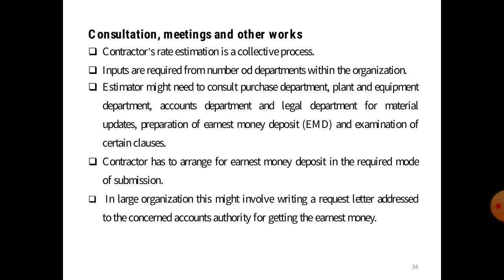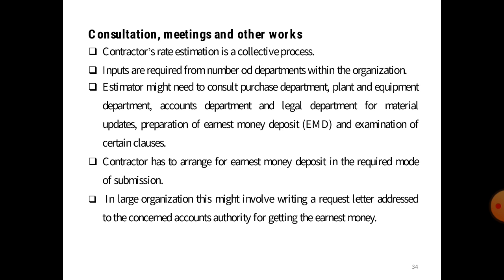and the estimator might need to consult the purchase department, plant and equipment department, account department and legal department for material update, preparation of the EMD and examination of certain clauses.